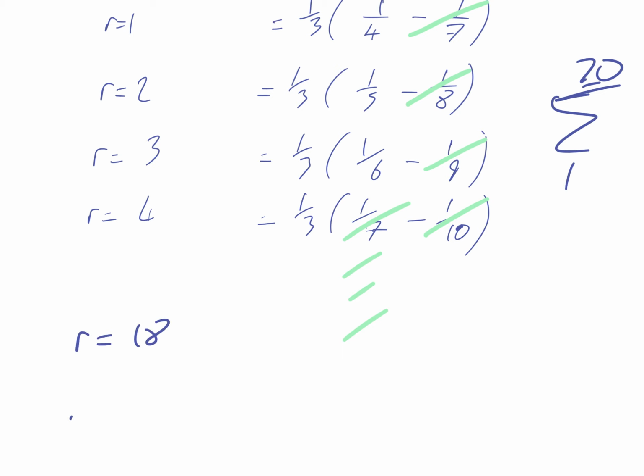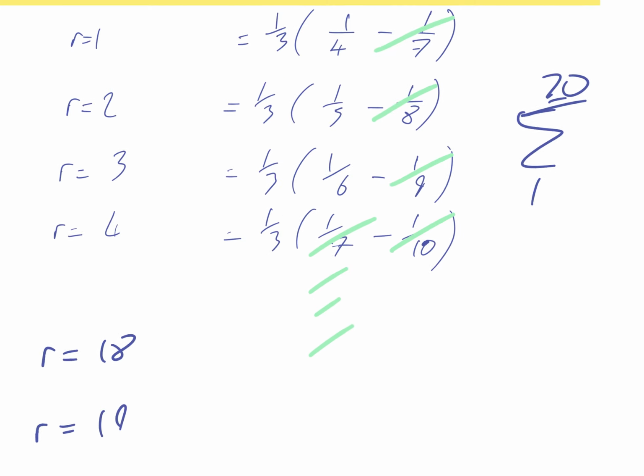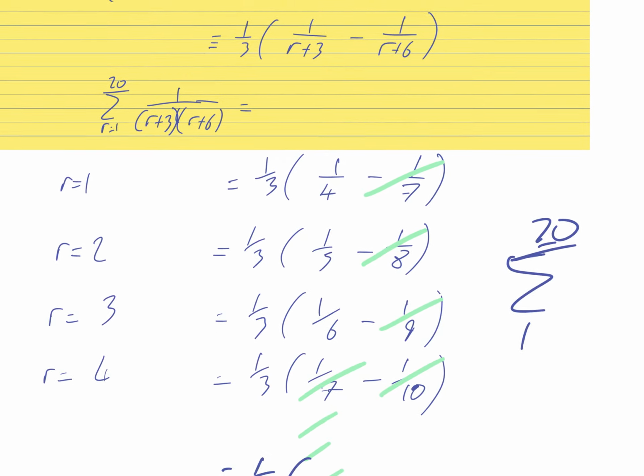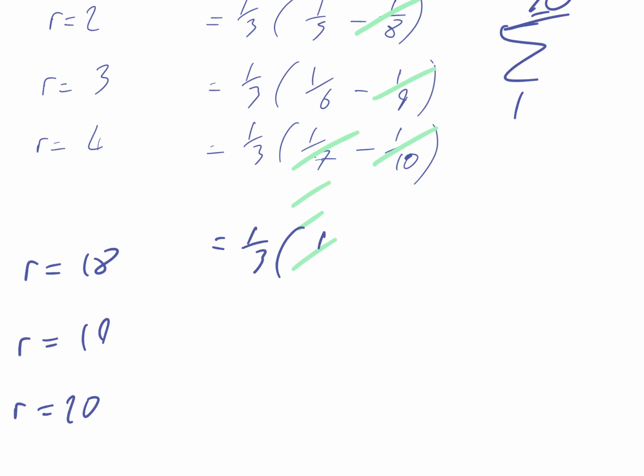So let's write those down: r equals 18, r equals 19, and r equals 20. For r equals 18, we'll have 1/3 times 1 over r plus 3, which would be 21, minus 1 over r plus 6, so 18 plus 6 would be 24.